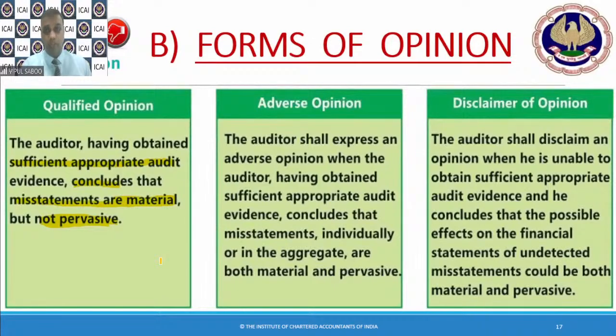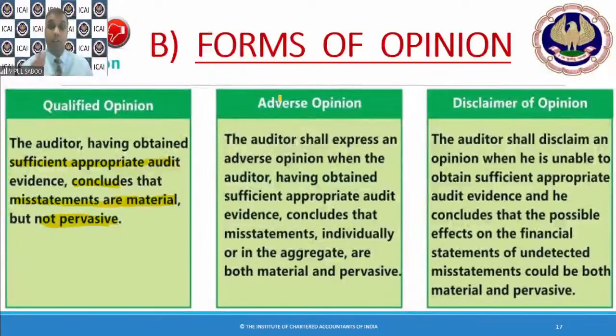It could be a substantial portion. It could be one particular head or element or categorization. So it is material. It will impact the results of the financial statements, but it is limited to some of the accounts, some of the heads, and not present everywhere in the financial statements. Okay. So this is qualified opinion.